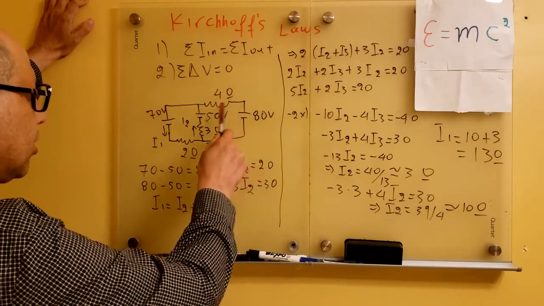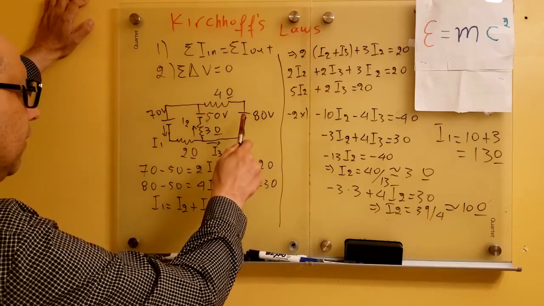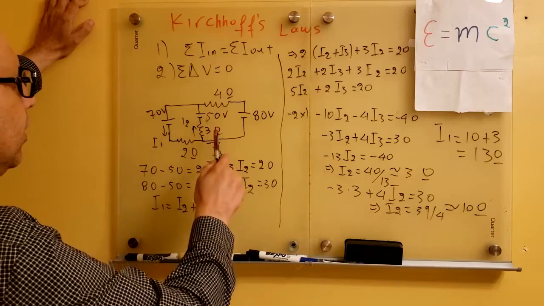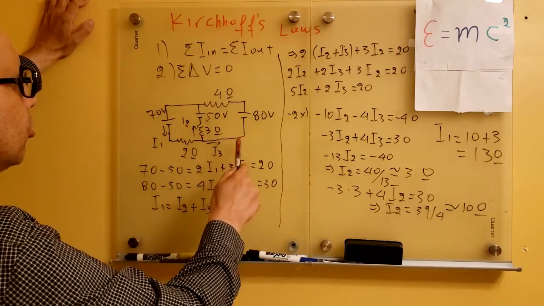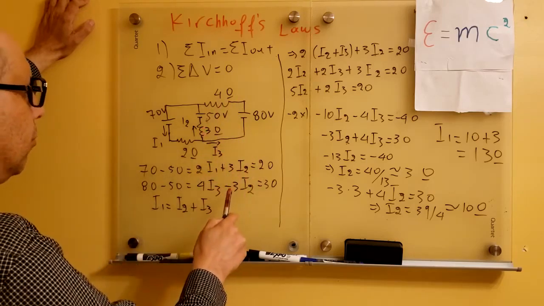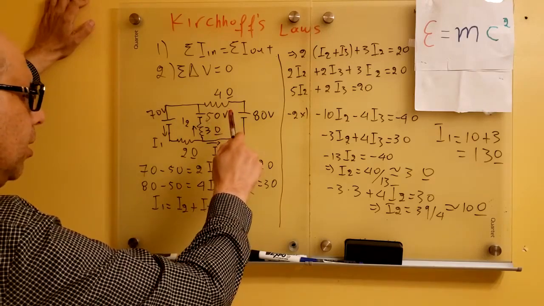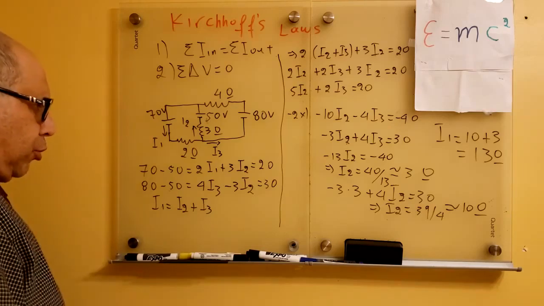And now if we take the second loop, again because this is bigger than this, we have that 80 minus 50 is equal with 4I3, because the I3 will go through this here, minus, because we assume that this is the positive direction.